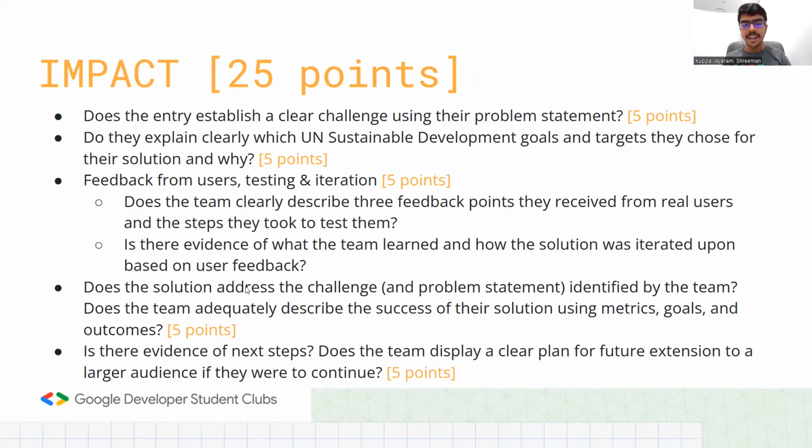You also want to explain how the solution addresses the challenge and whether it has certain metrics or goals. And then you want to also explain a clear plan for a future extension to a larger audience. For example, if you have built an app for a local community, you might be thinking about how you can expand it to a more regional or even a global scale product.